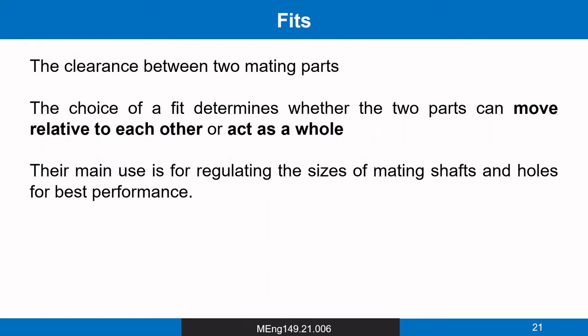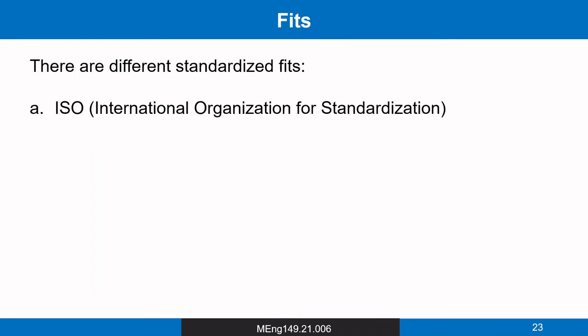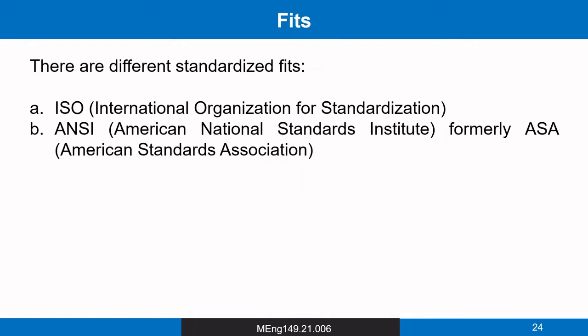So that's why we see different types or categories of fits. There are different standardized fits, mainly two. First is the ISO, or the International Organization for Standardization, and the second is the ANSI, or the American National Standards Institute, or formerly the ASA, or the American Standards Association.